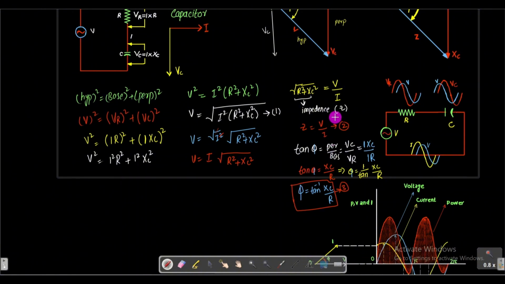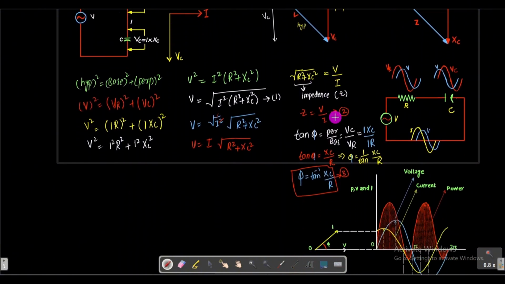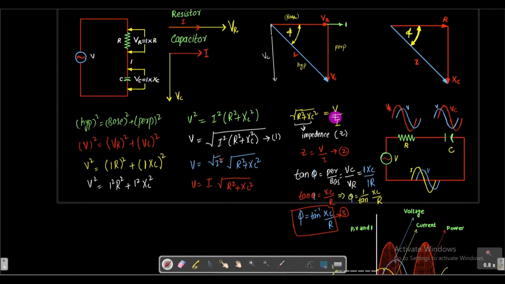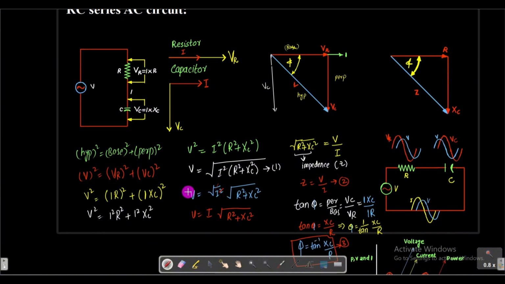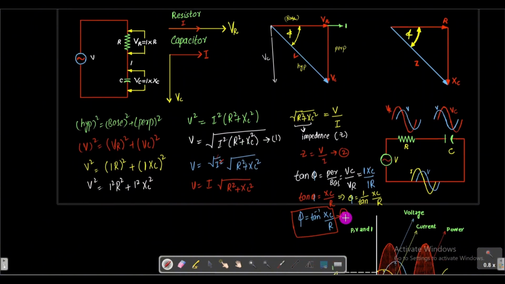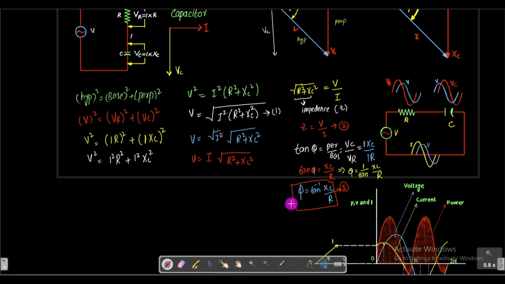Okay, so this is the expression for the RC series circuit. So if we know the value of resistance R and the value of the opposition of this capacitor XC, then we can easily find the resultant voltage and the angle by which that resultant voltage is leading or lagging.